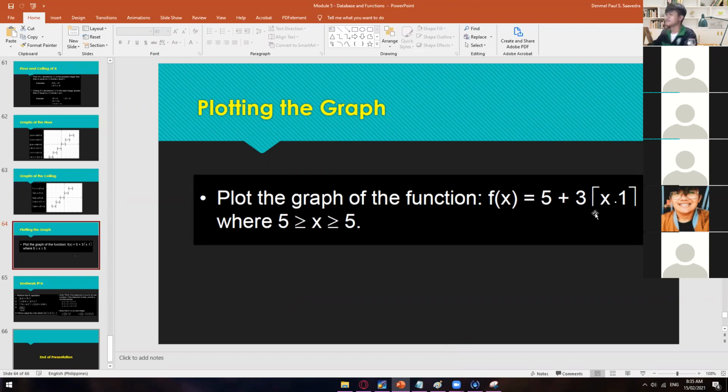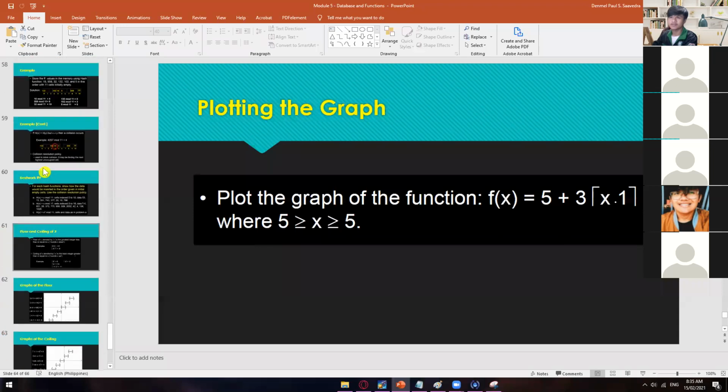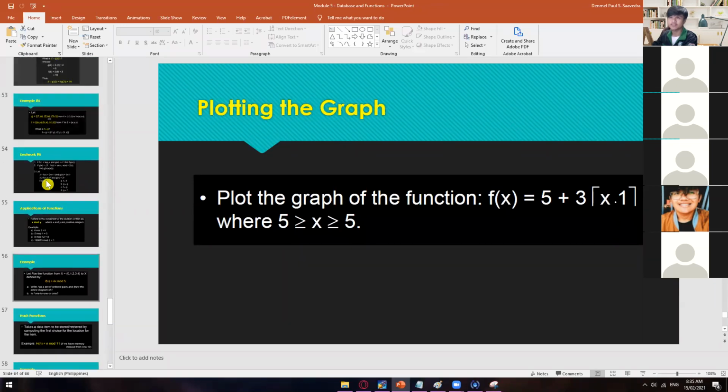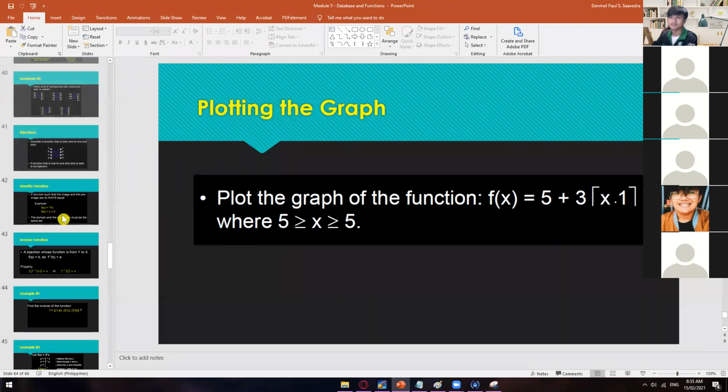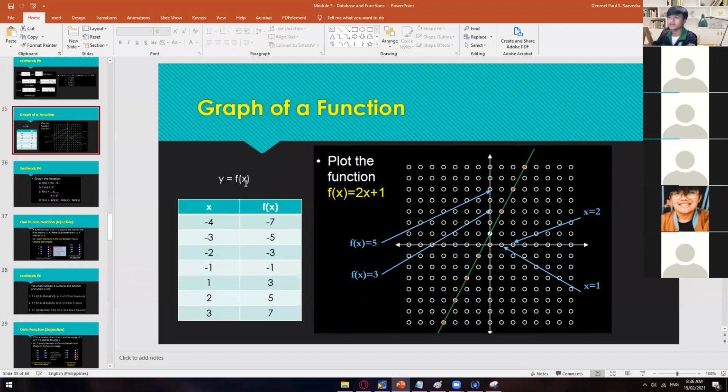So if there is another condition, then you have to follow that one. But in here, the condition is already the function. So just follow this one, and then this is your x, and your f of x is your y. Okay, so remember in plotting the graph for the f of x, your f of x here is actually your y.